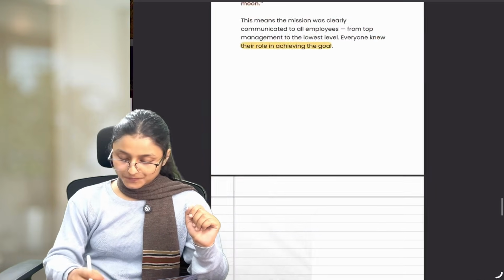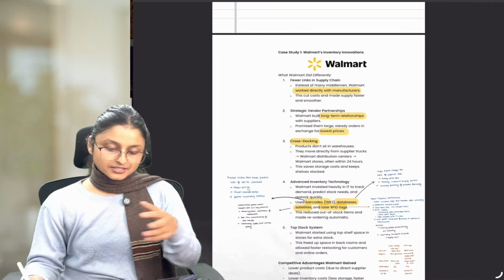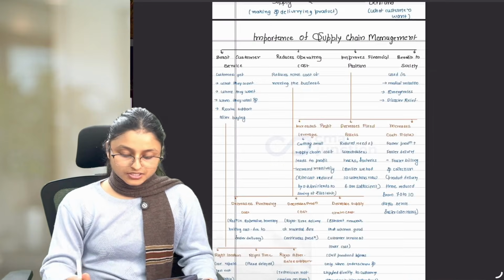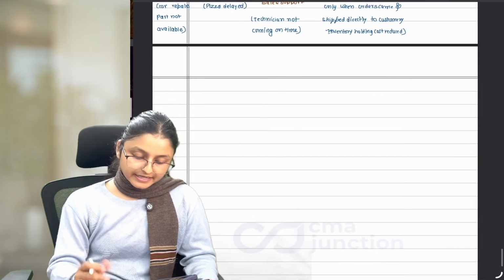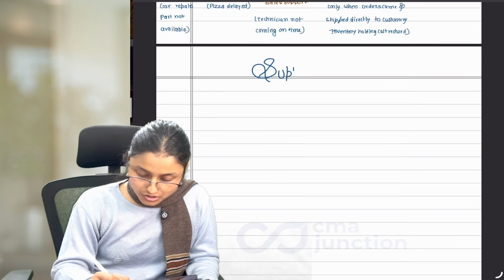Done? Now, next is our case studies. But before seeing the case study, let's write about supply chain strategy. Write the heading: supply chain strategy and supply chain management. We will not write much.